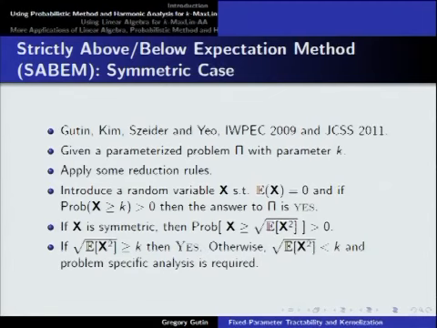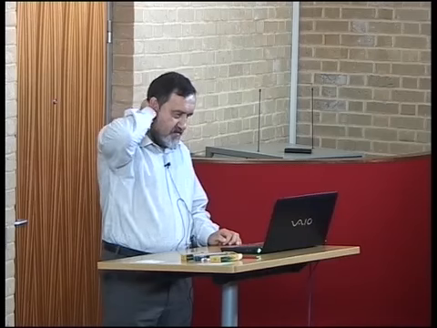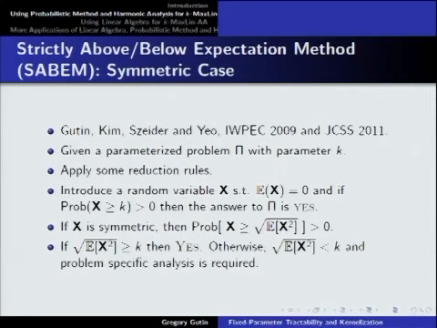One simple method which we suggested to solve several of those problems is what we call the strictly above/below expectation method. We look at a parameterized problem with parameter k, then we apply some reduction rules depending on the problem. Then we introduce some random variable with expectation equal to 0, and if the probability of that random variable being greater than or equal to k is positive, then the answer to the problem is yes. Just one direction is enough in many cases.